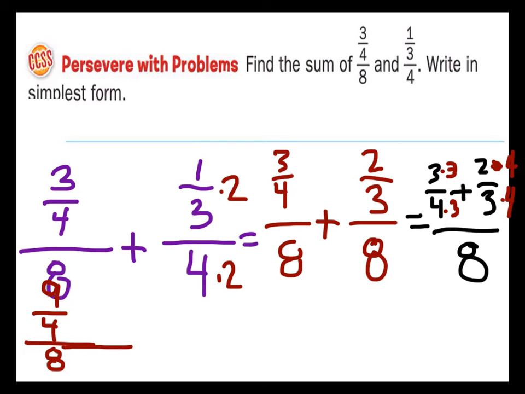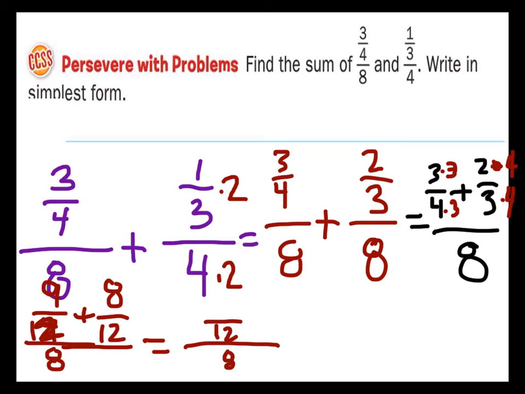Well, it's all over 8. Plus 8. Oh, that's 12. Dang it. 12. There we go. It's 8, but this is going to be 12. So 9 plus 8 is 17. 17/12.